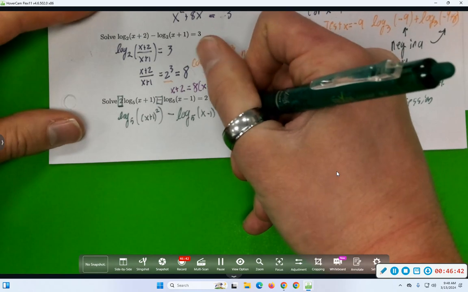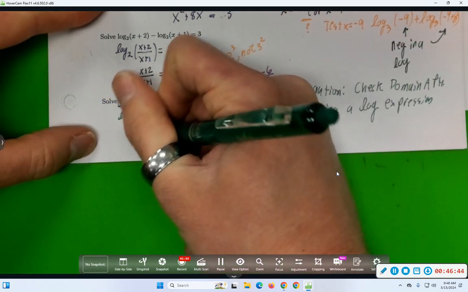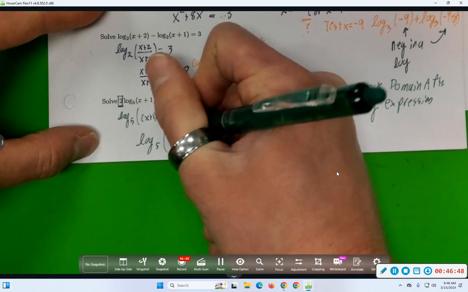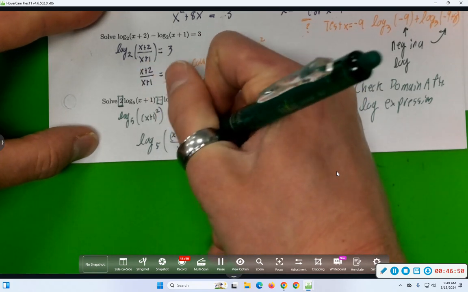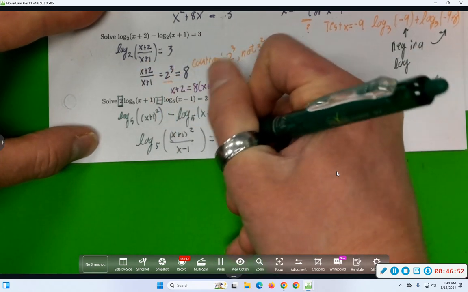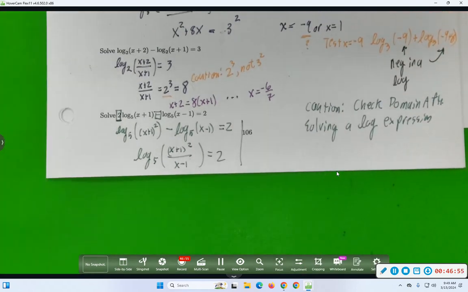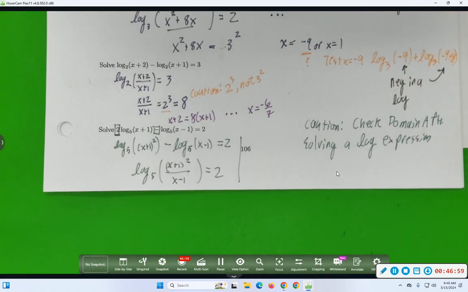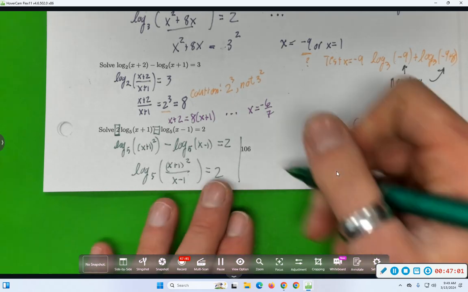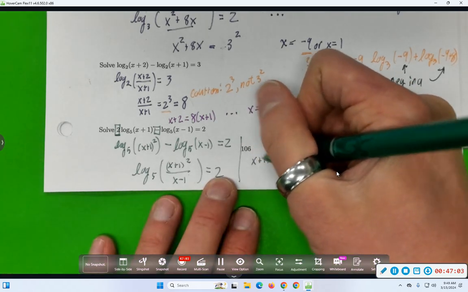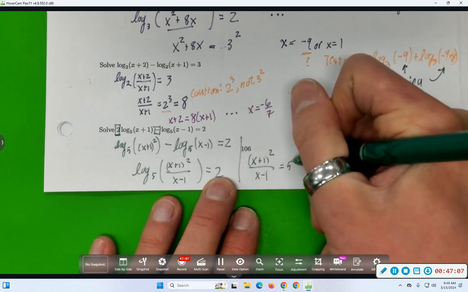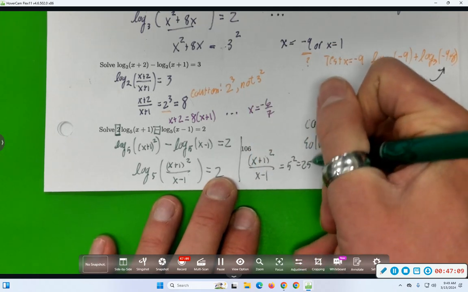I guess I need the other side of the equation: log base 5 of (x plus 1) squared over (x minus 1) equals 2. So, can I get rid of the log now? Yeah. Cool. 5 to the second power, also known as 25.